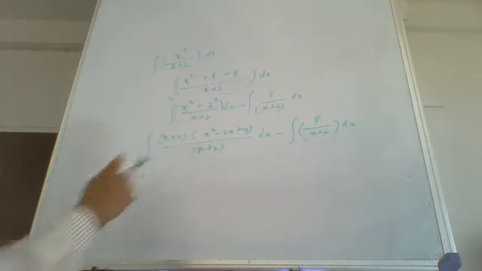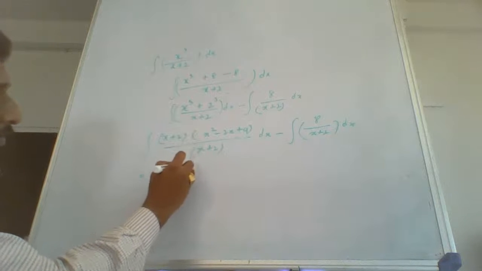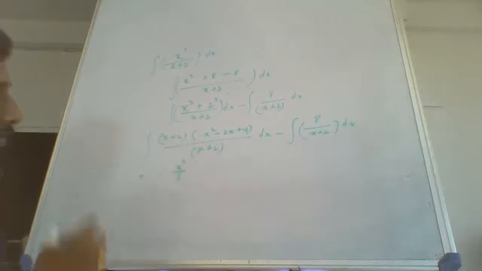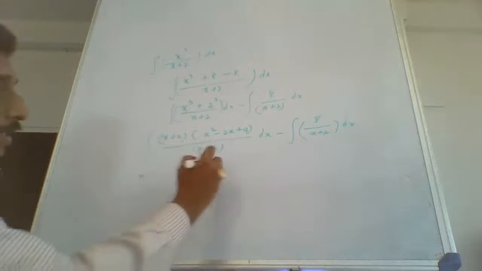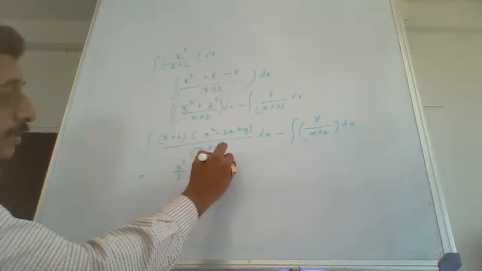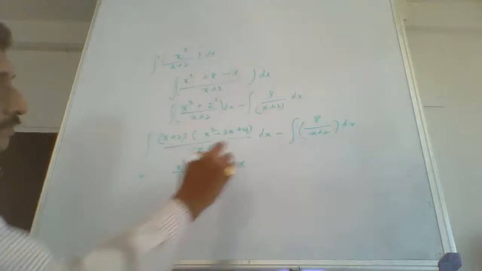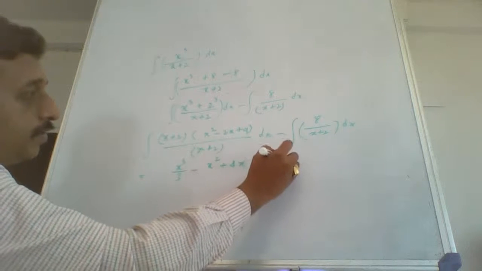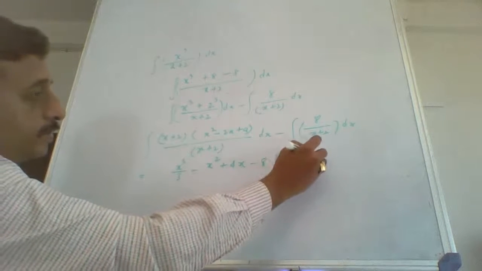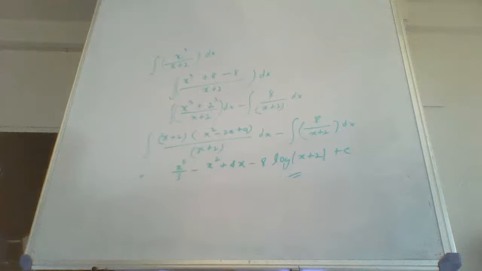Now these both get cancelled, so I'll directly calculate: x cube by 3 minus x square by 2, and 2 gets cancelled so I'll get only x square, and this will be 4x, and this will be 8 log of x plus 2 plus c. So this will be the solution for this integrand.